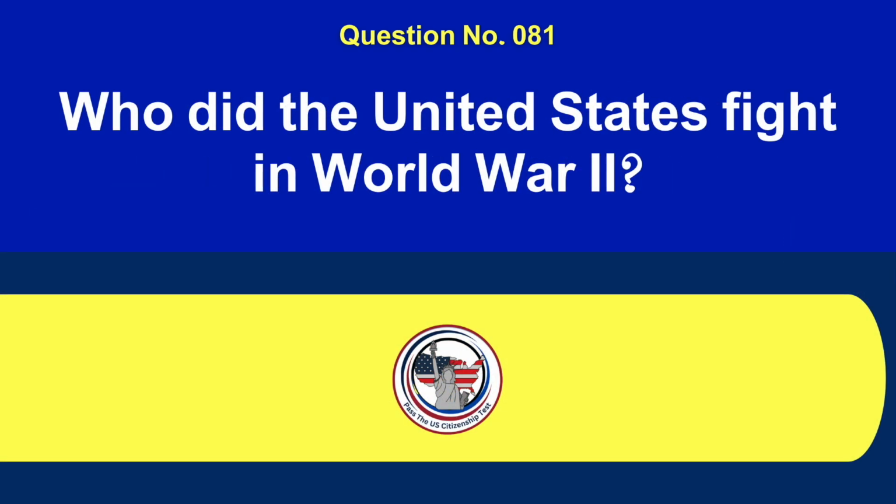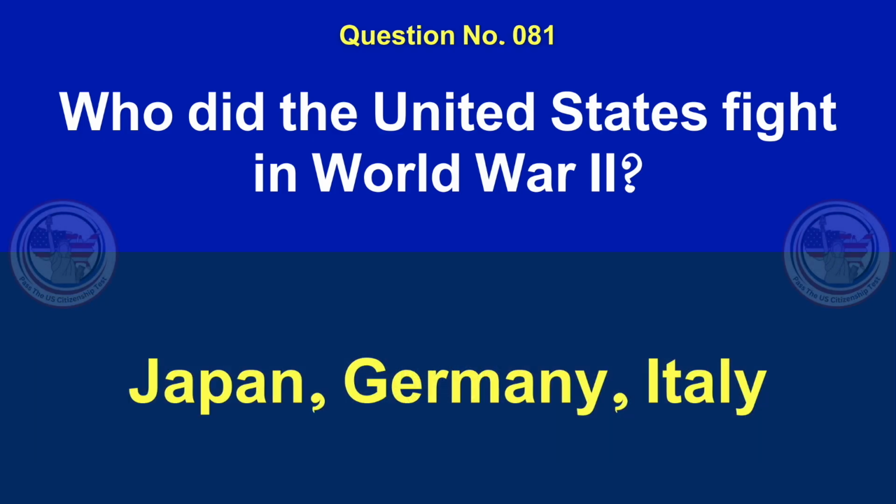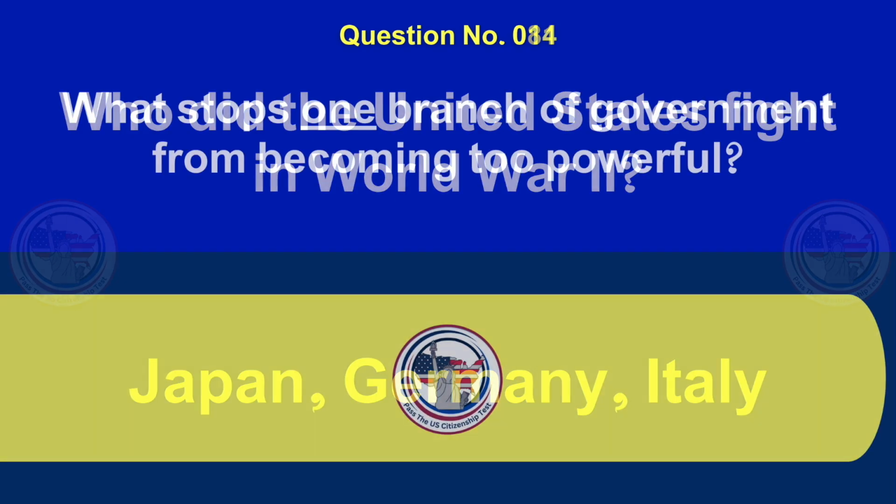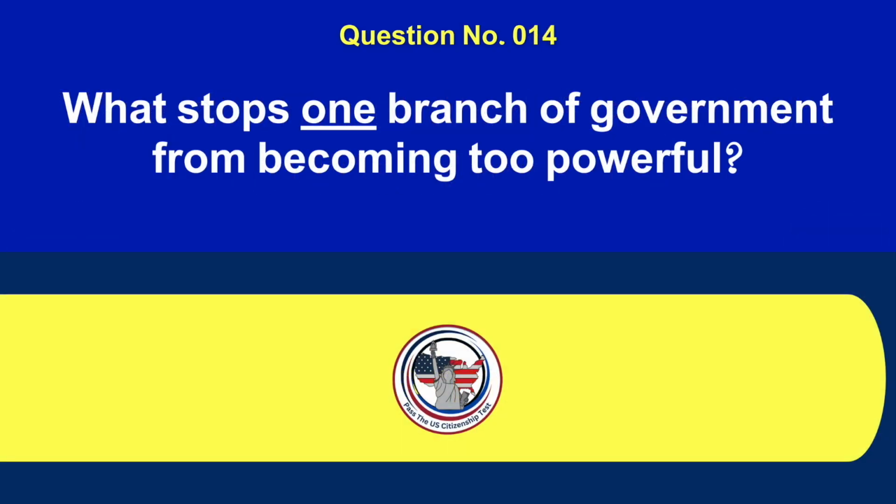Who did the United States fight in World War II? Japan, Germany, and Italy. What stops one branch of government from becoming too powerful?